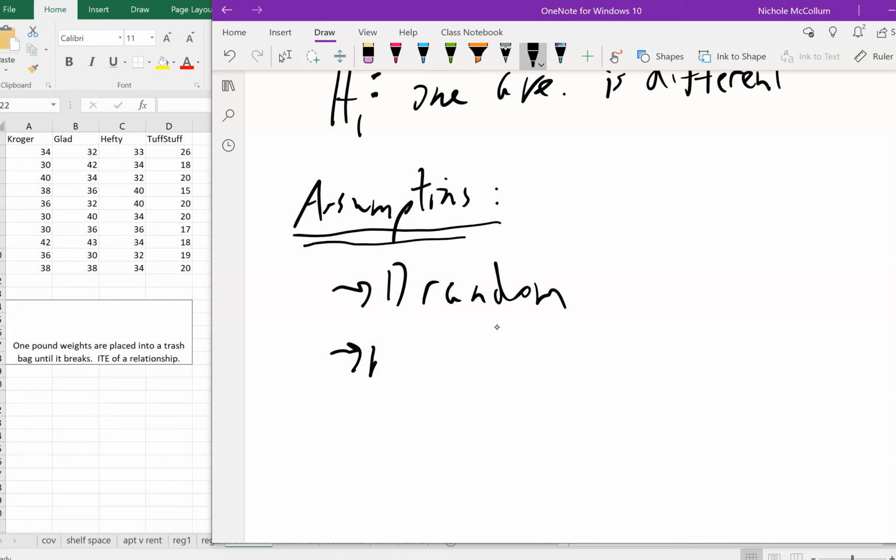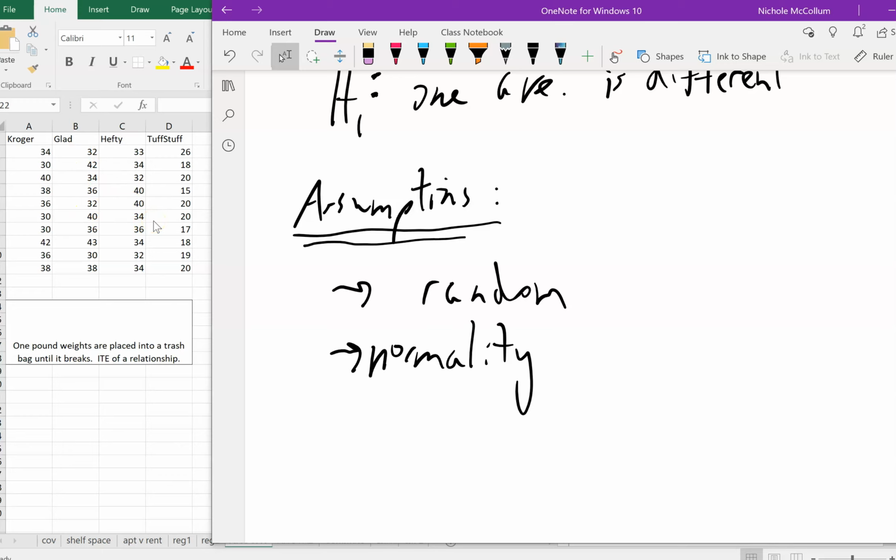Second, normality. How do we get normality? You would get normality by looking at the distributions of the strength of these individually. You would have to look at whether the strength of the Kroger trash bag was normally distributed, the strength of a Glad trash bag was normally distributed, and so on and so forth. Do we have that here?